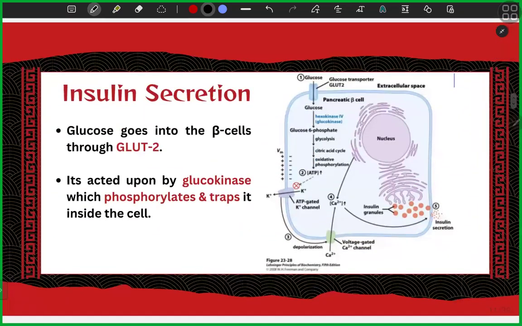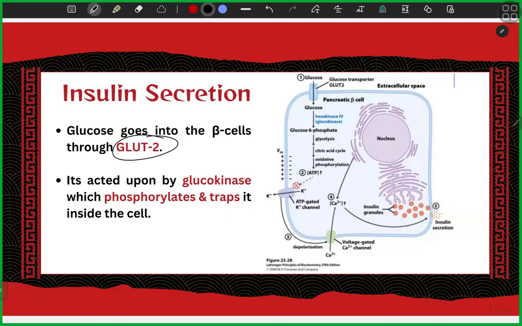Okay, how is insulin secreted? First of all, you have glucose. You take in a meal, you digest the meal, and then you have glucose. Now this glucose comes near the pancreatic beta cells, which are very sensitive, and it goes inside by a glucose transporter, specifically the GLUT2 transporter.